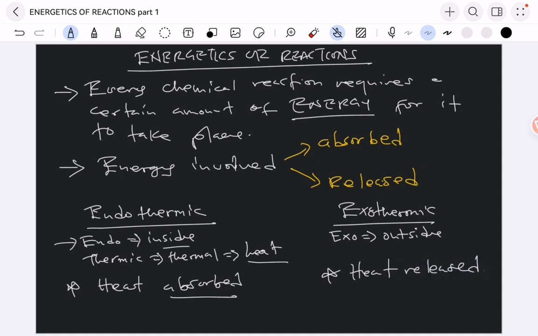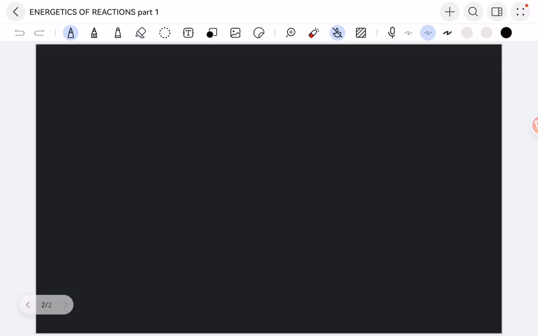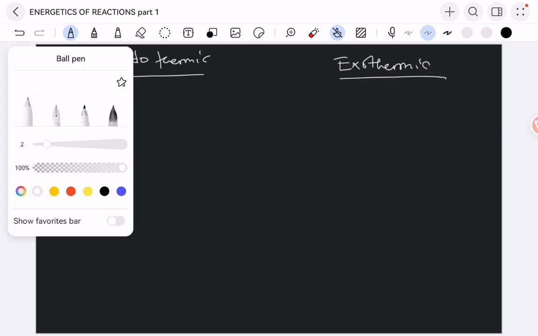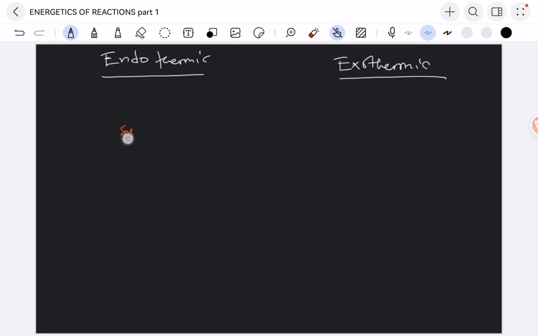Now, visually, when we look at endothermic and exothermic, we can understand these by looking at what we call a system and a surrounding.